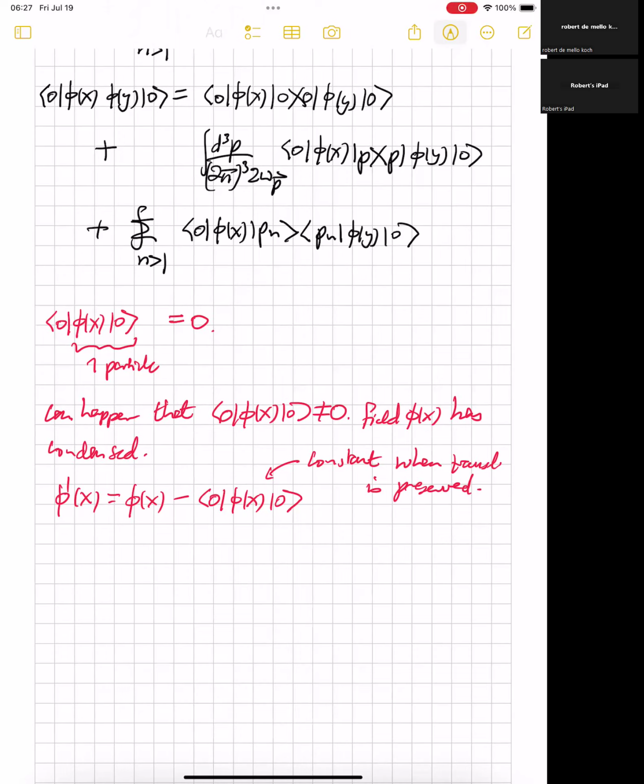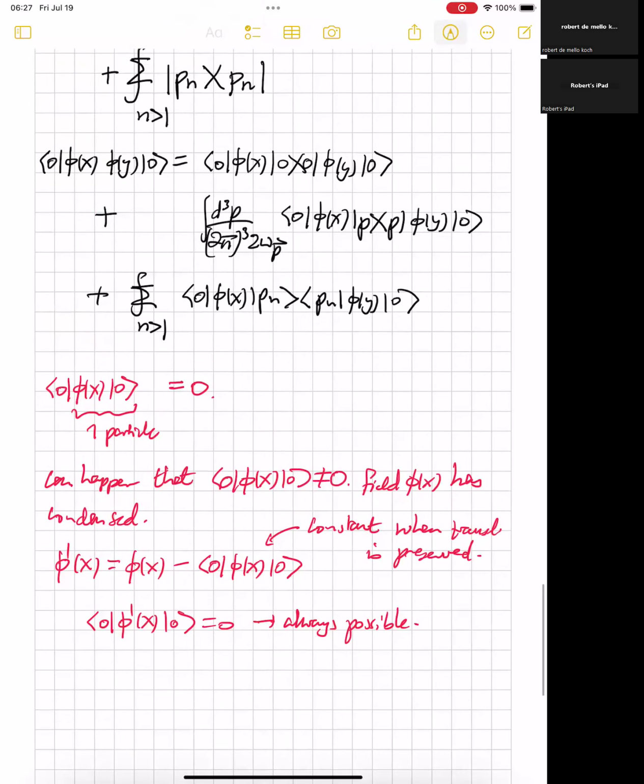But the point is, and let me not labor it too much, we can always arrange things so that the vacuum expectation value of our scalar field is equal to 0, okay? So this is always possible to arrange. We may have to shift the field, but it's always possible. We will assume that we've done this shift, and if we've done that shift, the first term vanishes.